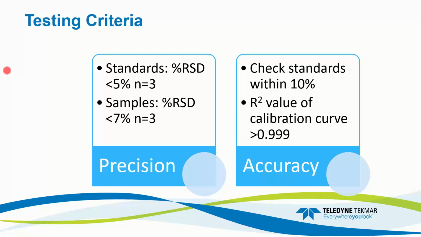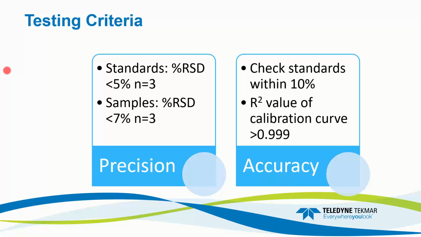So the testing criteria that we used: all standards that we looked at were less than 5%, and the samples had precisions of less than 7%. Obviously, with clean drinking water and bottled water, you have some variation from sample to sample, but 7% is a fair value, and that's what we've seen across other laboratories across the nation.